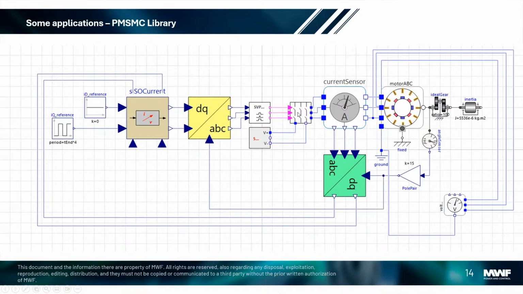And as in the real case, this motor is not going to run if you don't have a closed loop for current, and subsequently a closed loop for angular velocity as well.